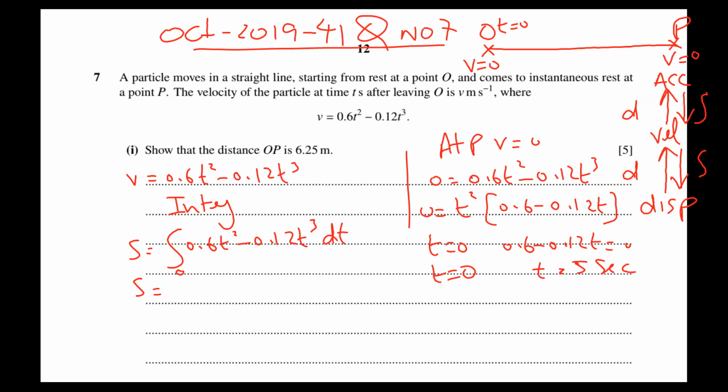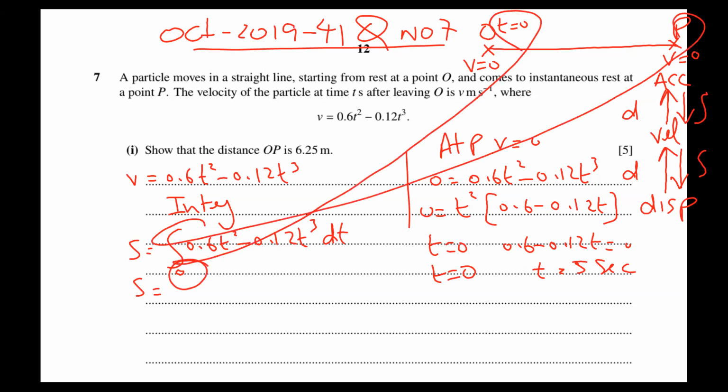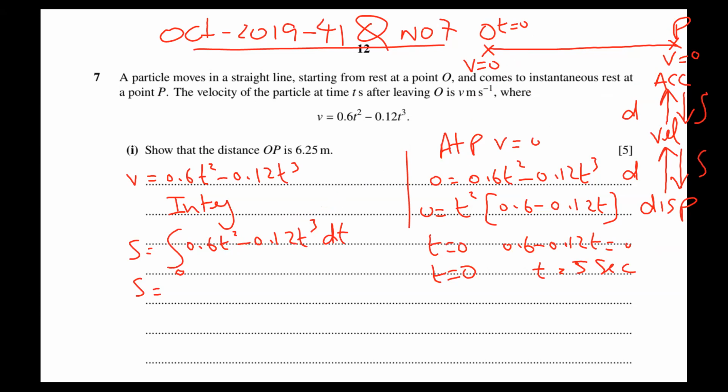So we know the lower limit is 0 and the upper limit is 5. Very clear, so I'm writing the limits 0 to 5. Now the question is so simple, no need to even write plus c. Increase the power by 1, so 2 becomes 3 and divide by the same. Increase the power by 1, so 4 divided by 4, with limits 0 to 5.